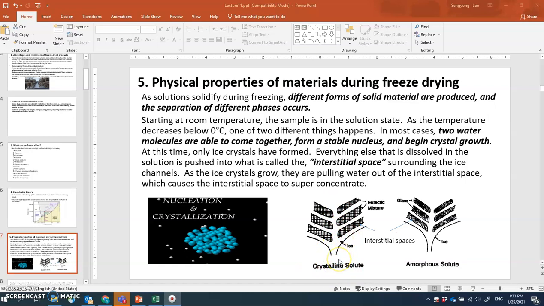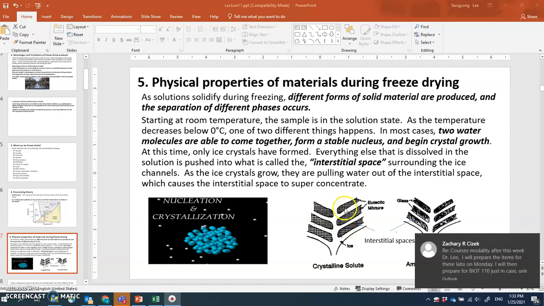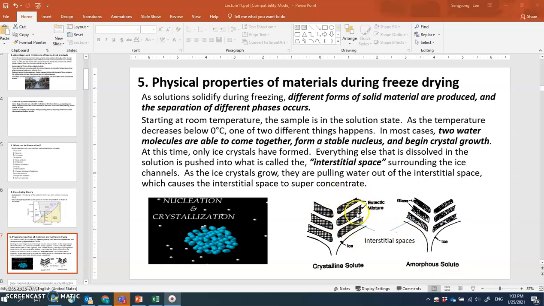And then what happens to the rest of them, like API and other excipients? They are pushed away from water, and they stay together among themselves. The important part is under what condition, and in what kind of form, these other things, the API and excipients, will stay together. That is the very important question about this sublimation or freeze drying process.